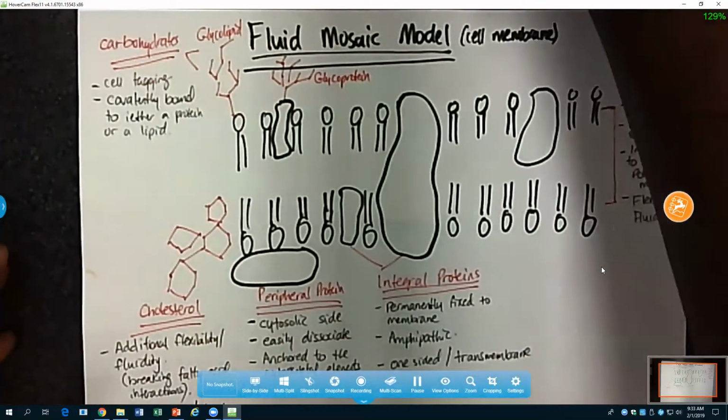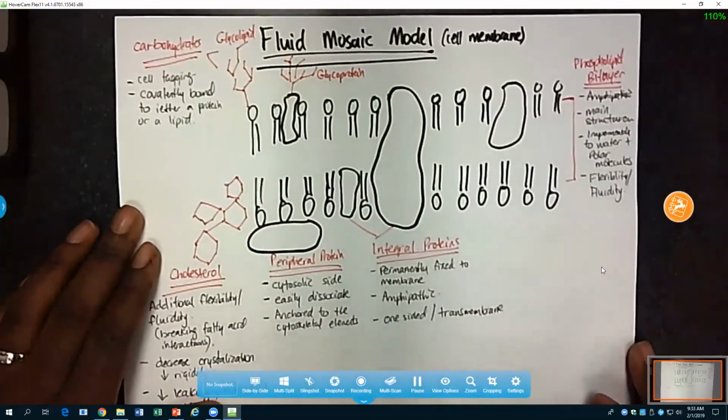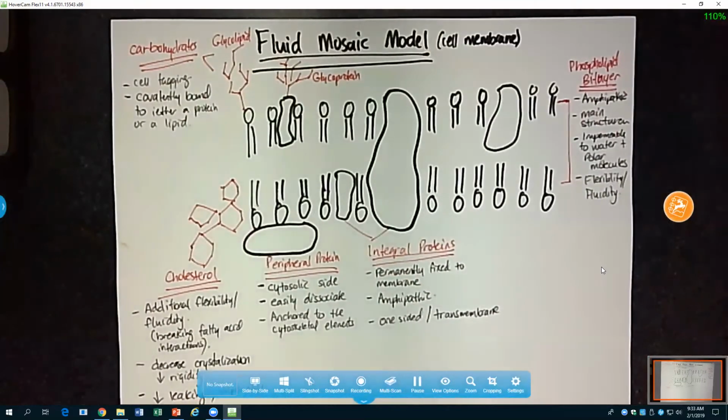I'll zoom out a little bit. So these are some of the features of the cell membrane. These help the cell membrane to transport certain substances and particles across, but it also maintains a barrier. Okay, very unique environments on either side because of the selective permeability of this membrane. We'll talk about that in a minute.